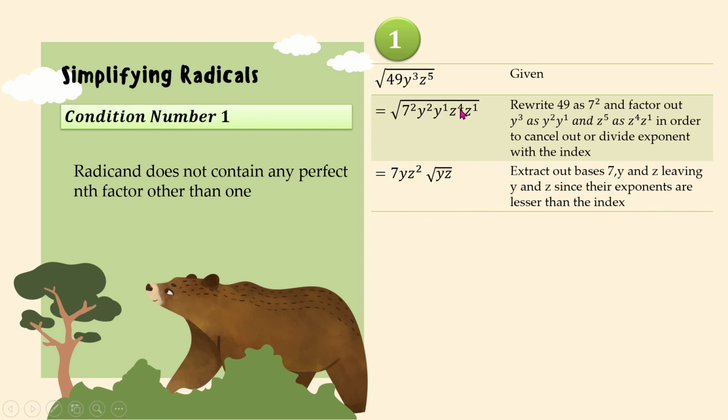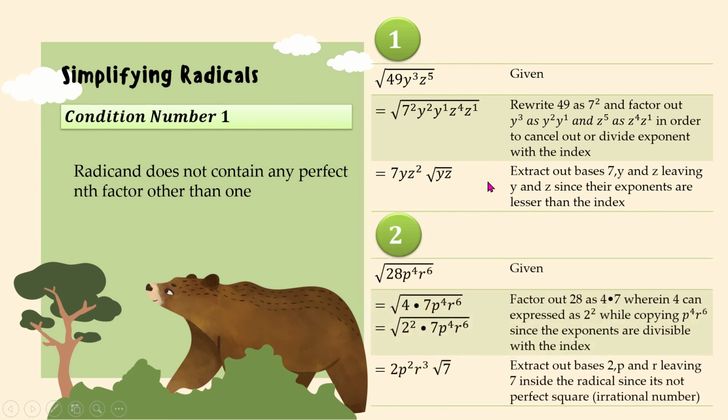While ang z exponent 4, 4 divided by 2 sa index, is z square. 4 divided by 2 is 2 man ka. So, z square. So, ang exponent sa y o z nga puro 1, magpabilin sila sa radical symbol, simply because 1 is gamay pa siya sa index nga 2.